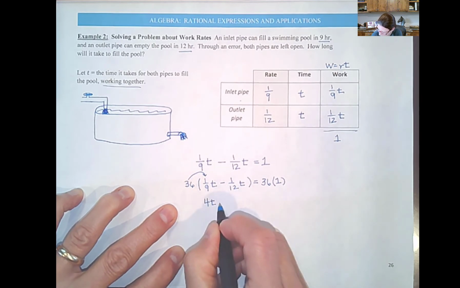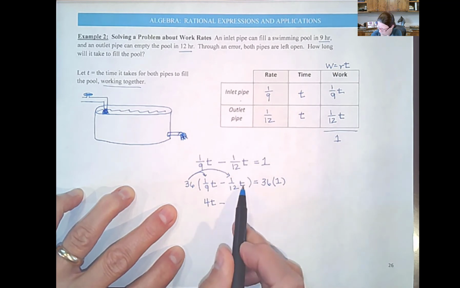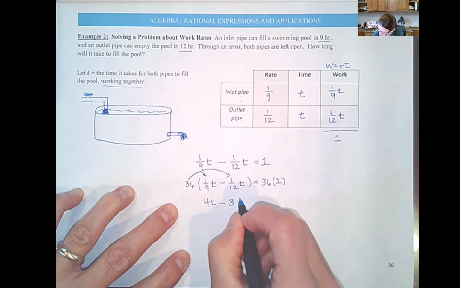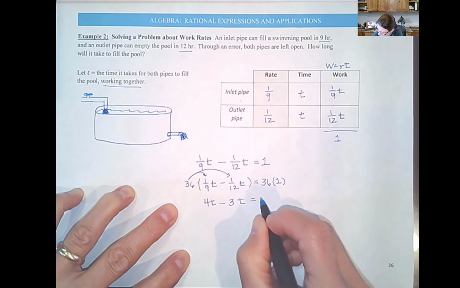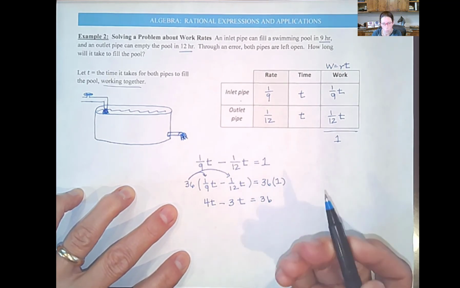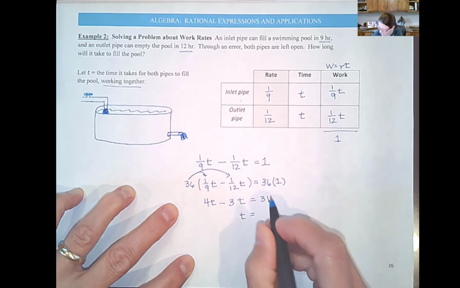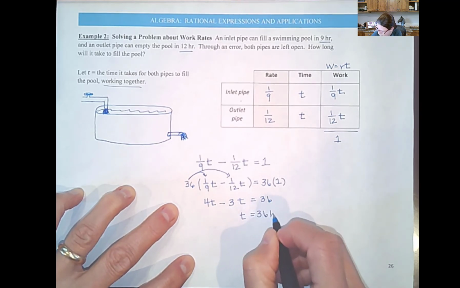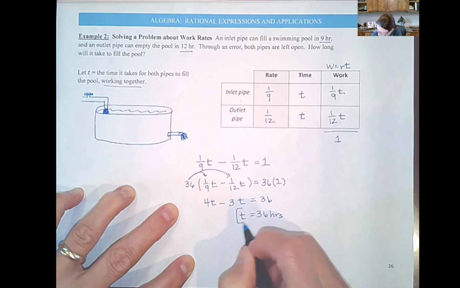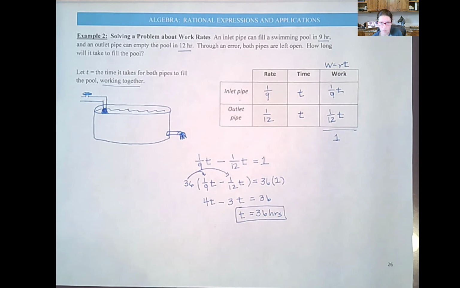That's 4T. 36 times 1/12. 12 divides into 36 3 times, and that's 3T. 4T minus 3T is 1T. In other words, 1T or T is 36 hours. Well, it's going to take 36 hours to fill that pool if both pipes are left open.